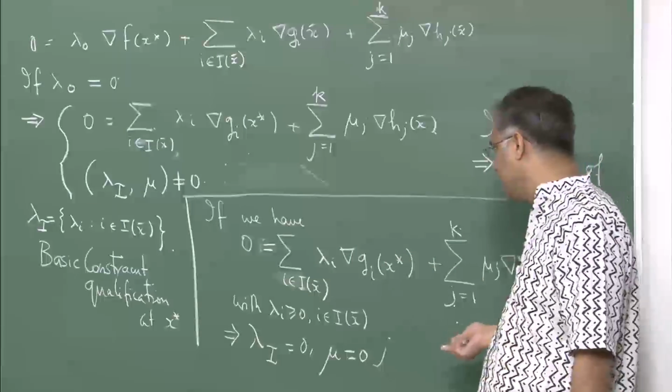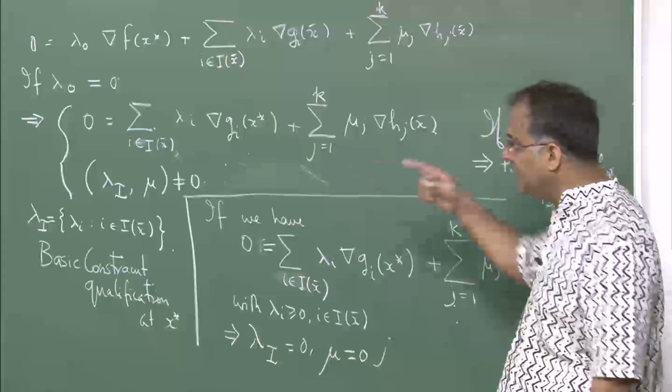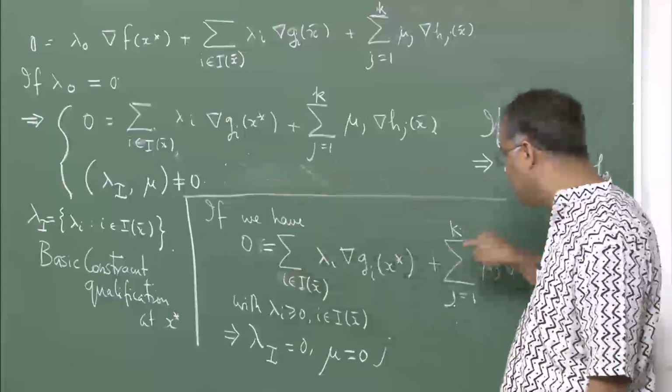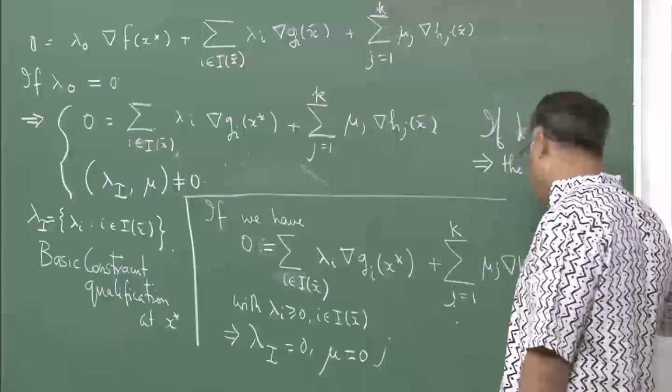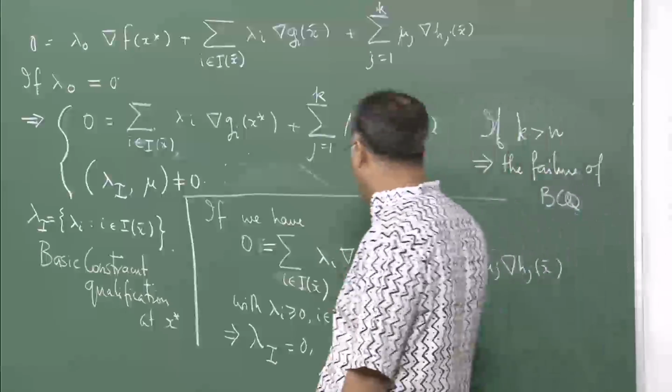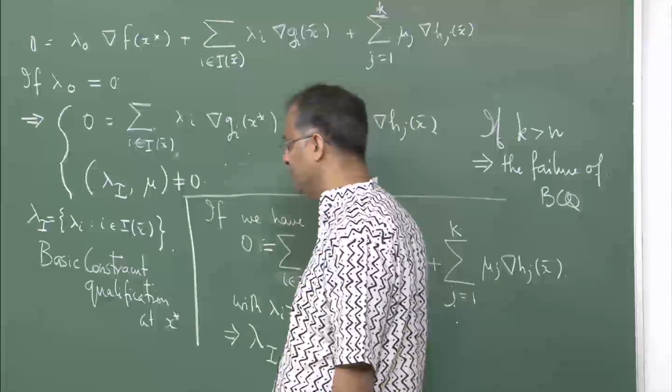Which means that the linear independence of the gradients is imposing the fact that this system does not have a solution, with the additional fact that lambda I, this vector, cannot be equal to 0.